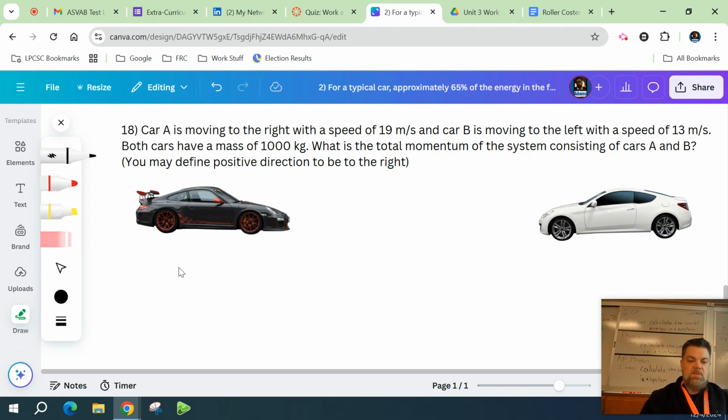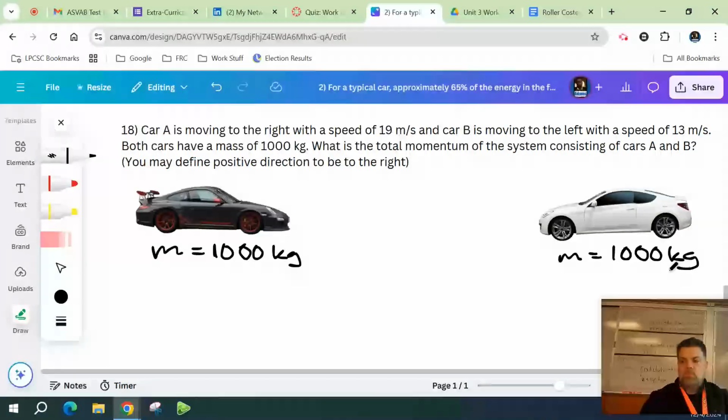So let's write this down. The mass of this car is 1,000 kilograms, and also the mass of this car is 1,000 kilograms. This car has a velocity of 19 meters per second, and we'll make going to the right positive and going to the left negative.